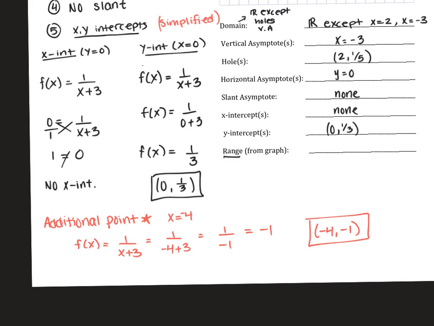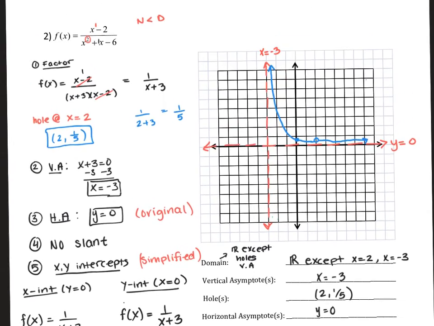So basically what you just solved for by testing out -4 is where the graph would fall, here or here. So we can plot that point, (-4, -1). So since the point's there, we know that the branch is going to do something like that. And that's enough information for me to graph this rational function.